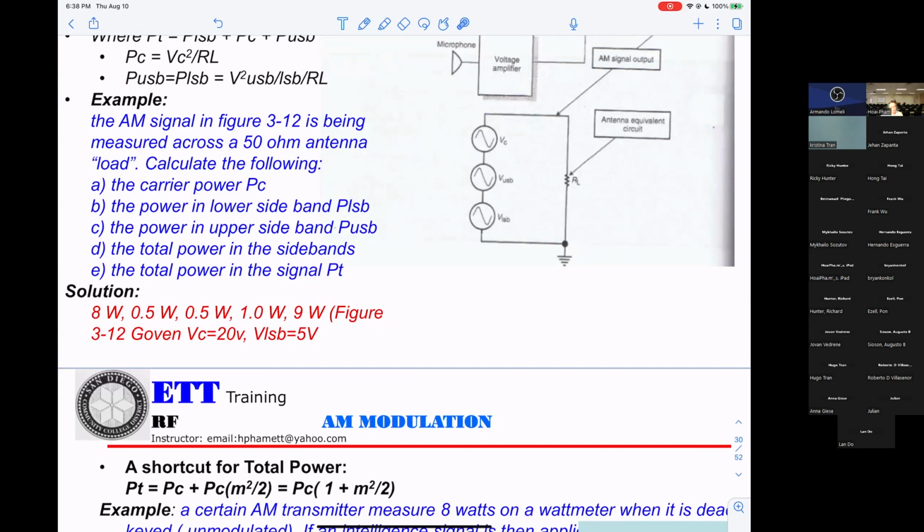We're talking about the transmitter and also the receiver. Okay, anything else I can help you with? No questions?